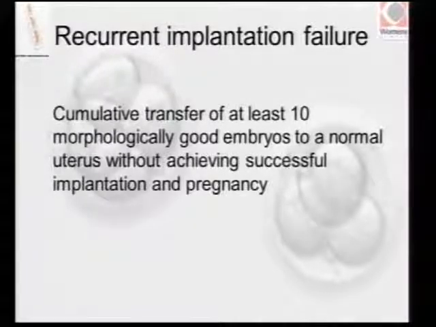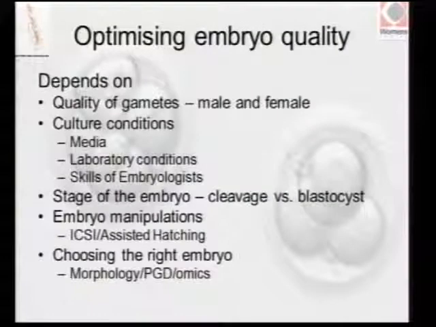And when 3 good embryos were transferred 3 times and you still didn't get a pregnancy, it was supposed to be implantation failure. But now, worldwide, the number of embryos being replaced is coming down to even a single embryo transfer. So the current definitions in some places are being changed to when we've done 3 transfers with good embryos and you still don't get an implantation and a pregnancy.